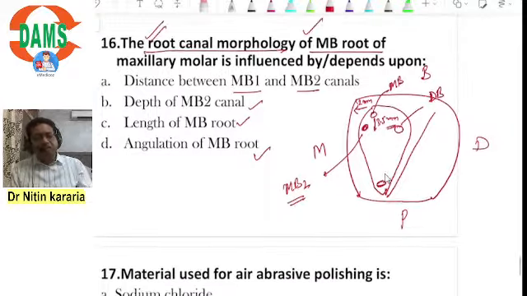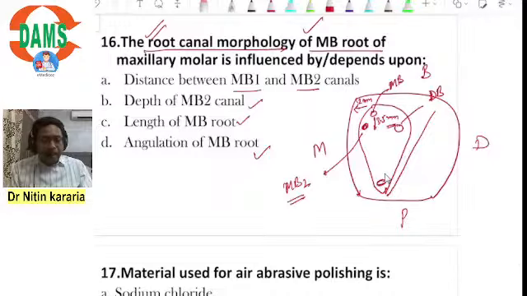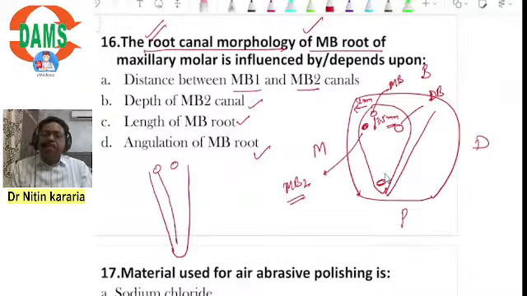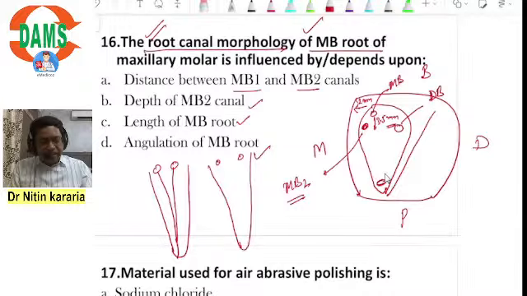If the distance between the two canals, MB1 and MB2, is more, it is talking about root canal morphology. Suppose this is a mesiobuccal root, with MB1 and MB2 canals; they can join together. If the MB1 and MB2 canals are too far, they can exit as two separate canals to the apex.